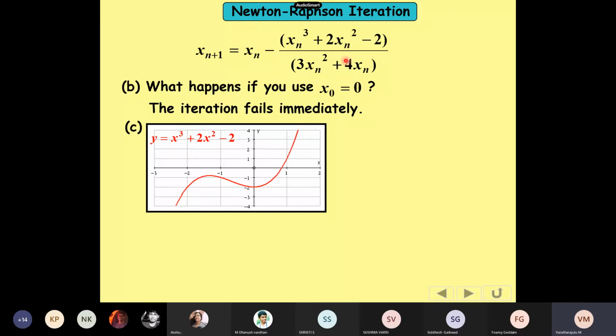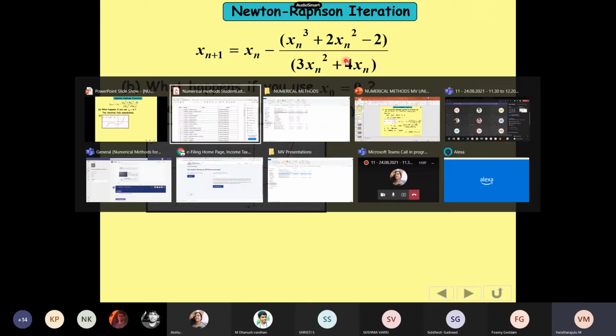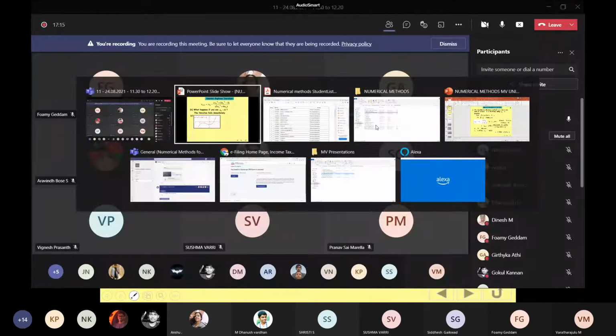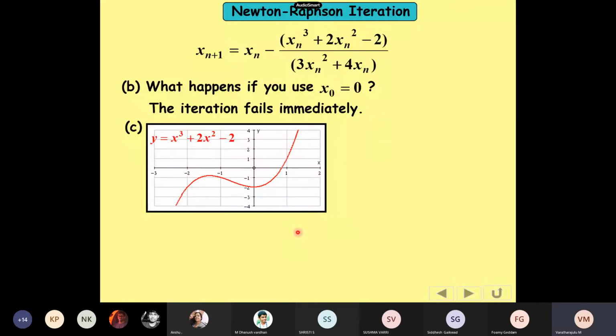I'll give you some time to draw this diagram. Anyone? If time permits, I'll show how these diagrams can be drawn with the aid of Excel.